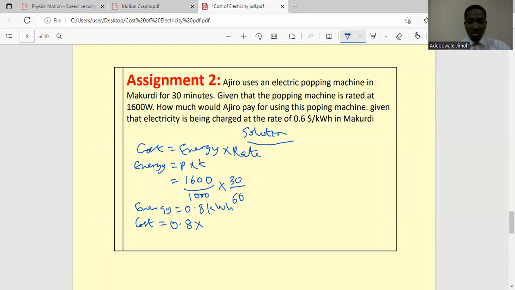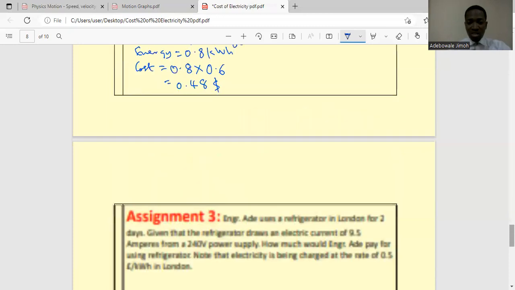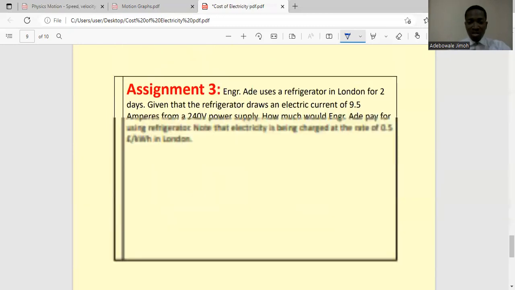In the question, we have the rate as 0.6. If you multiply 0.8 by 0.6, we get 0.48. $0.48.